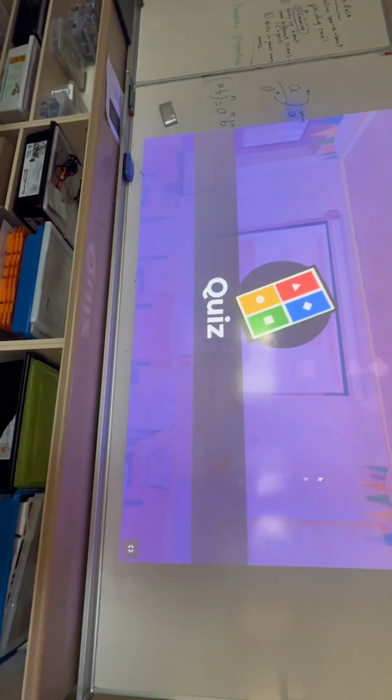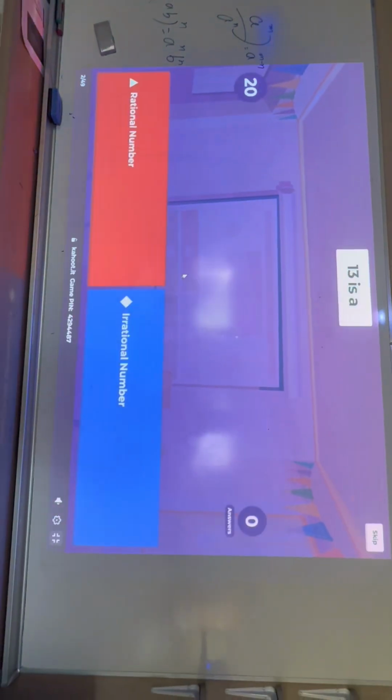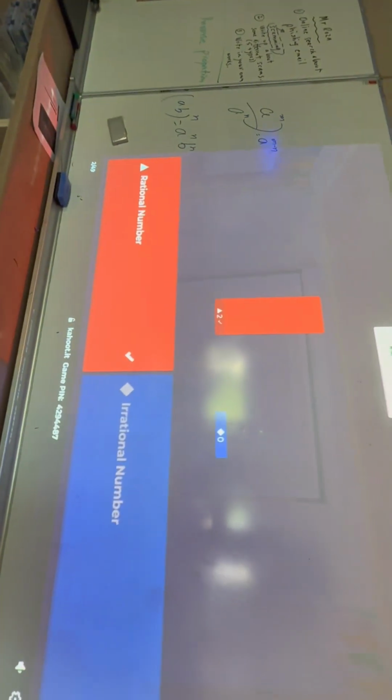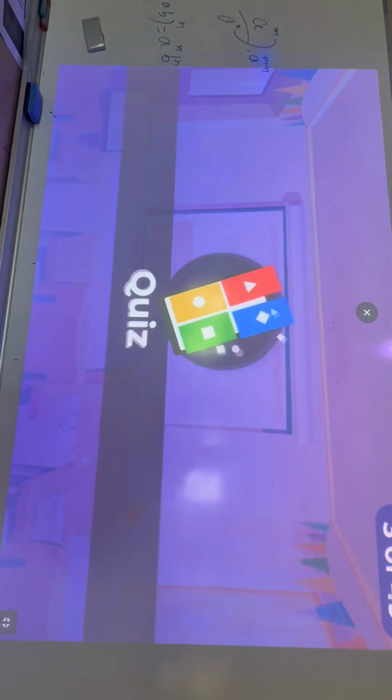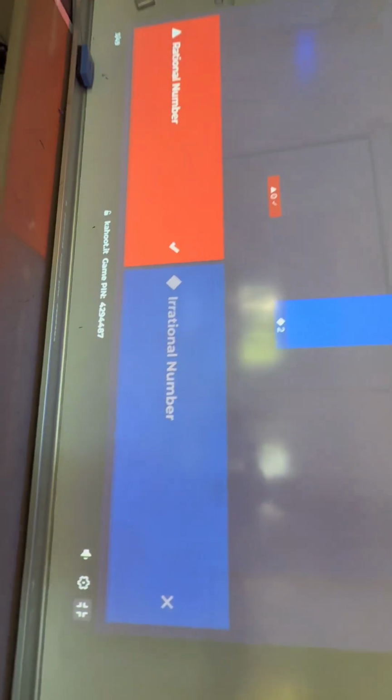Number 2. 13 is a rational number or irrational number? Rational number, quite easy. Next, 0.2727 is an irrational number or rational number?